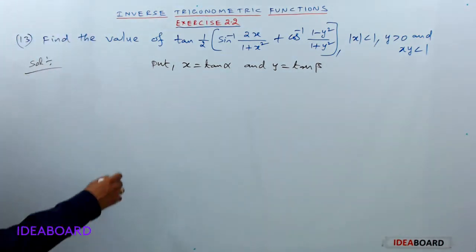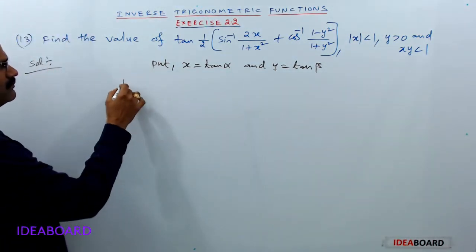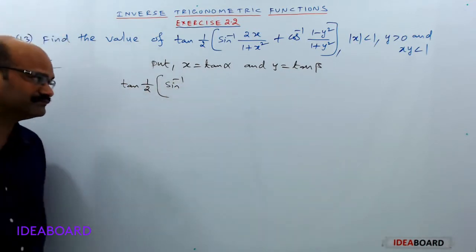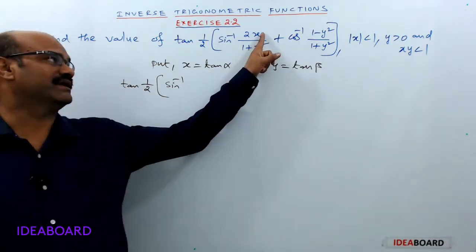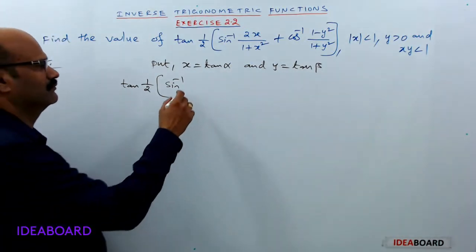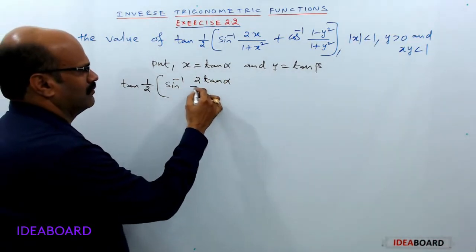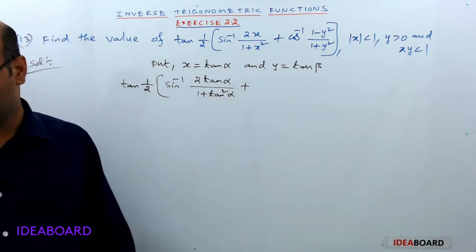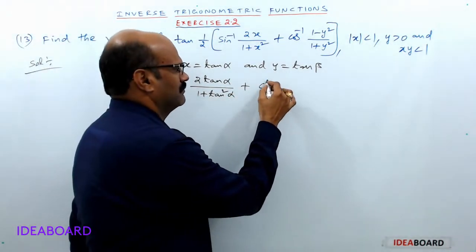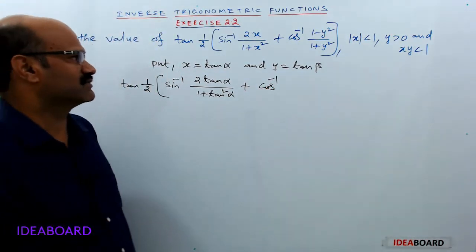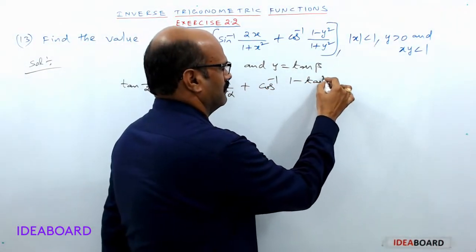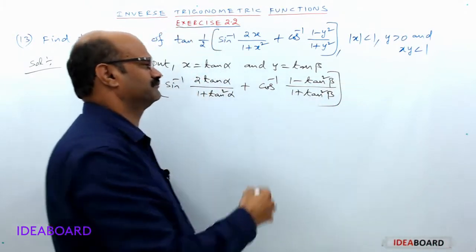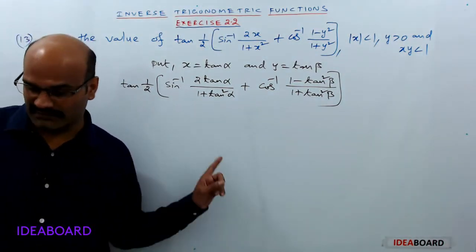So here we have to take the given problem tan of 1 by 2 into sin inverse of, put x equal to tan alpha here, 2 tan alpha by 1 plus tan square alpha plus cos inverse of 1 minus tan square beta by 1 plus tan square beta.